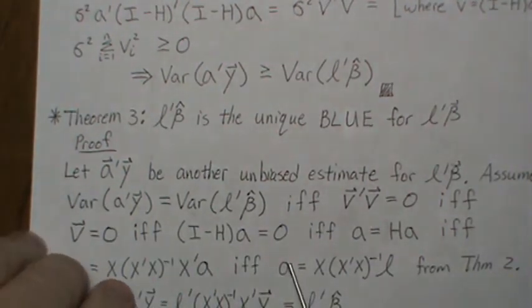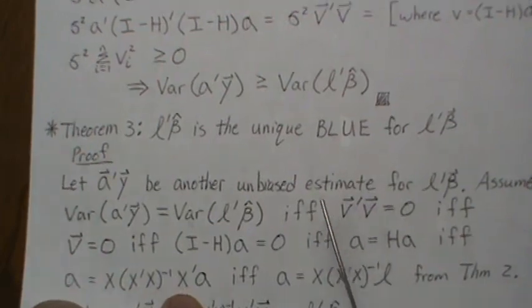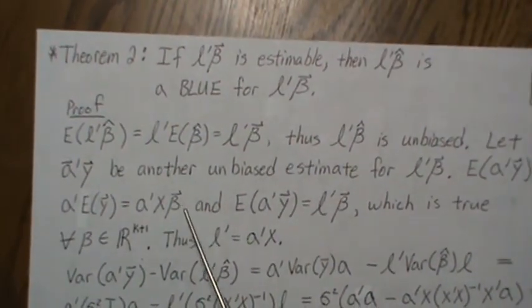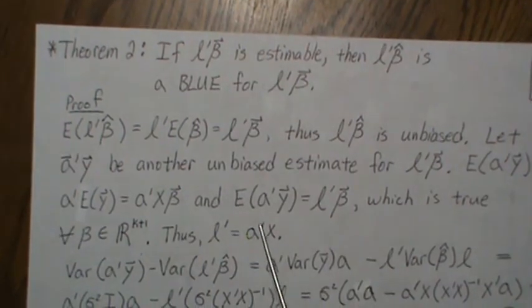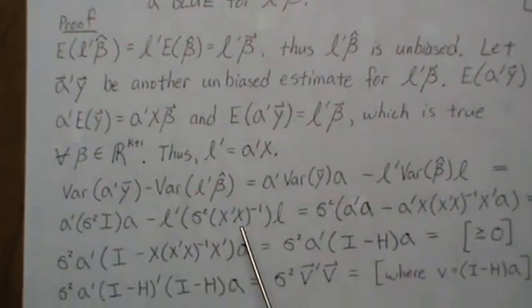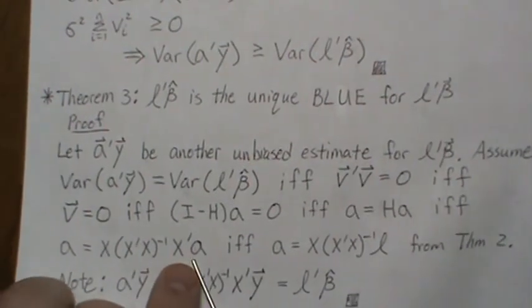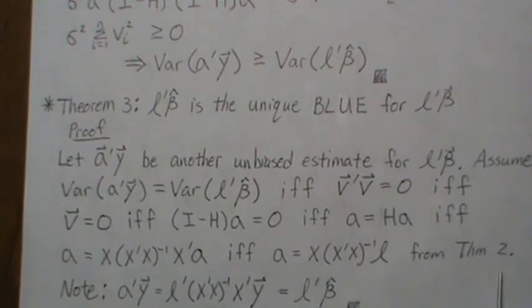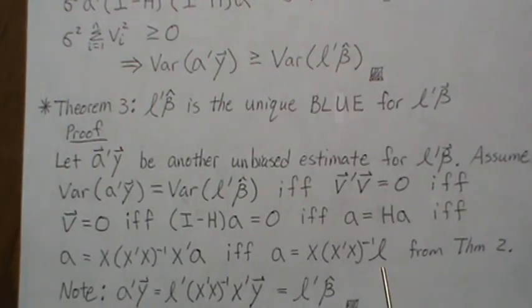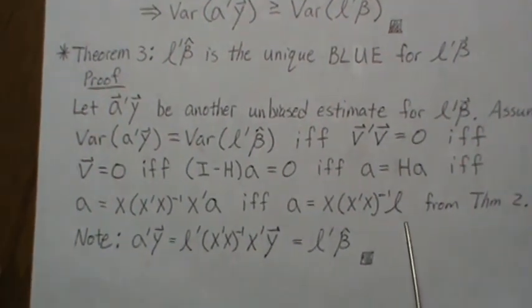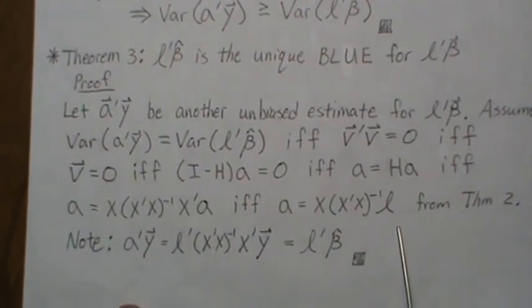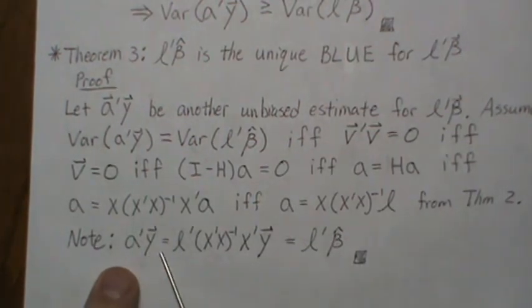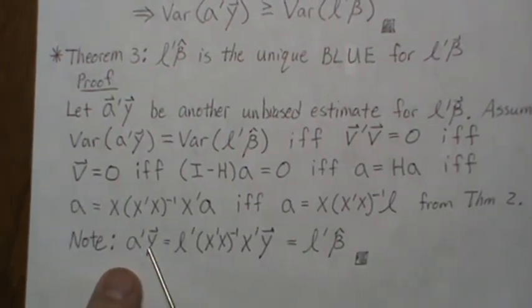And this is true if and only if, remember we said that A prime X is L prime, so we put L there, and that's from Theorem 2. So note that this is our unbiased linear combination.